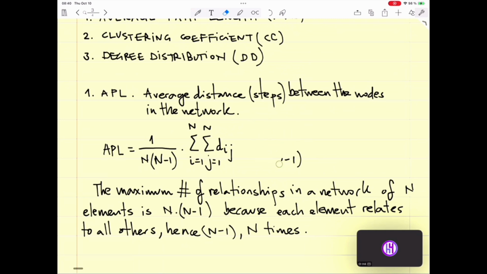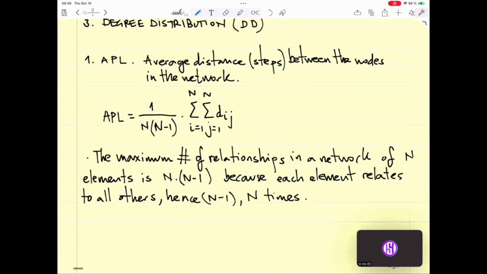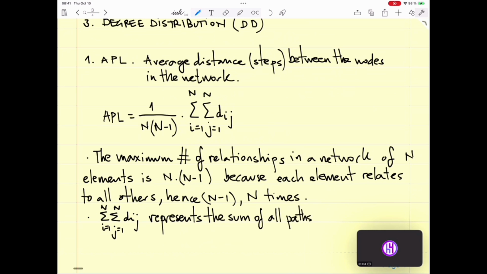So the other term represents the sum of all paths between nodes. Okay? That's why, hence, the average number of paths, the average path length.